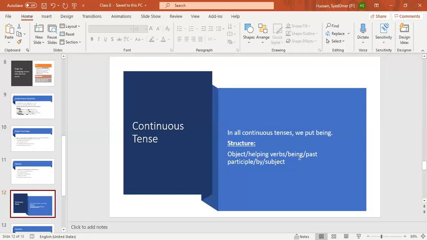As I've told you, in passive voice, we will only use the third form of the verb. So somehow we have to change the continuous form. How are we going to change it? By putting being in it. Okay, students? It's the ing form. All of you know that continuous means we have to put ing with the verb.